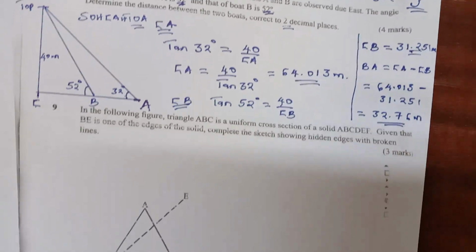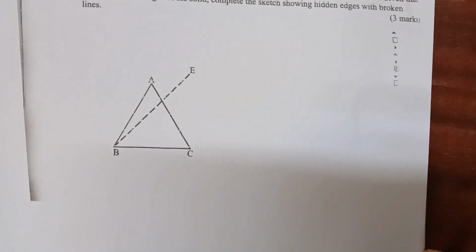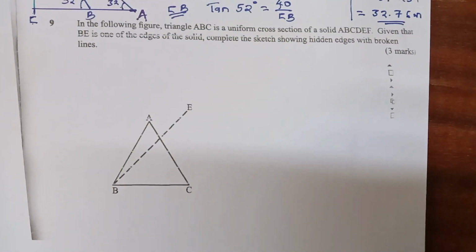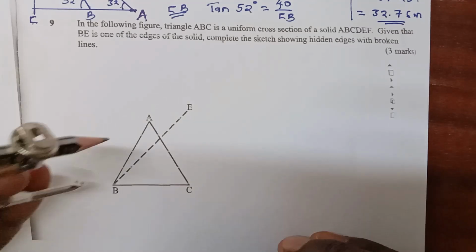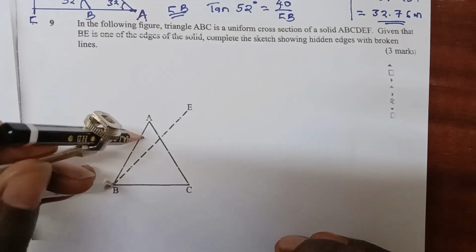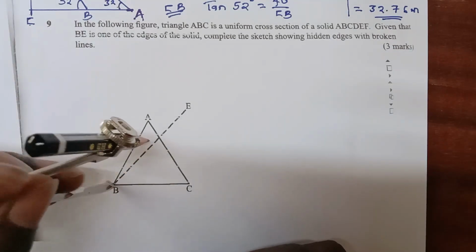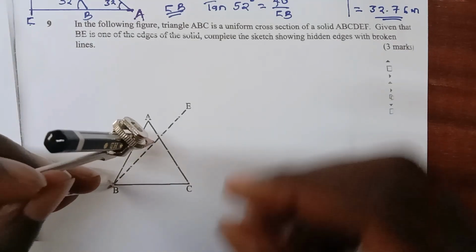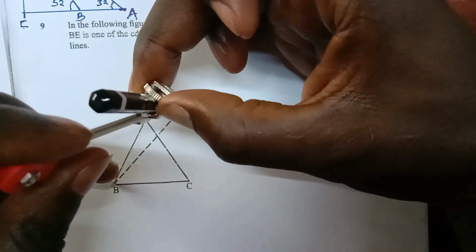So here we are going to use a mathematical set. First of all, we are going to measure the distance BE. Measuring the distance BE using your pair of compasses is a bit hard.